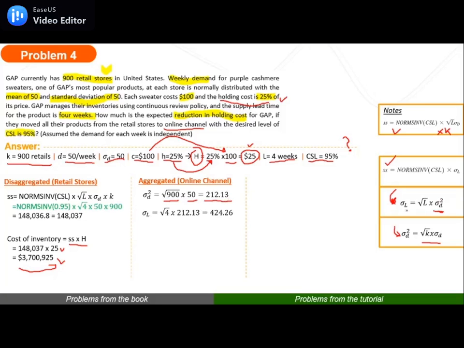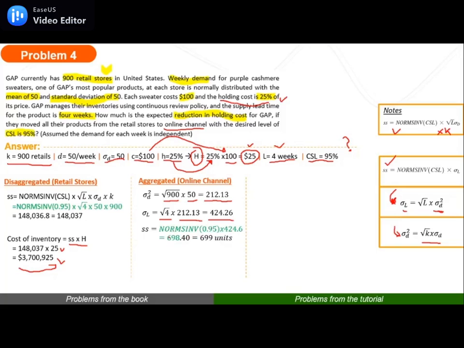Then we compute the standard deviation of lead time, that is root of lead time, that is root of 4, and then times the standard deviation of demand squared by 2, that is this, and we get 424.26.